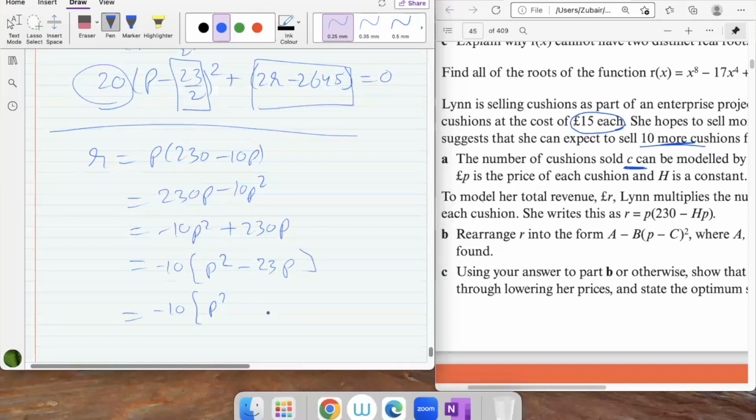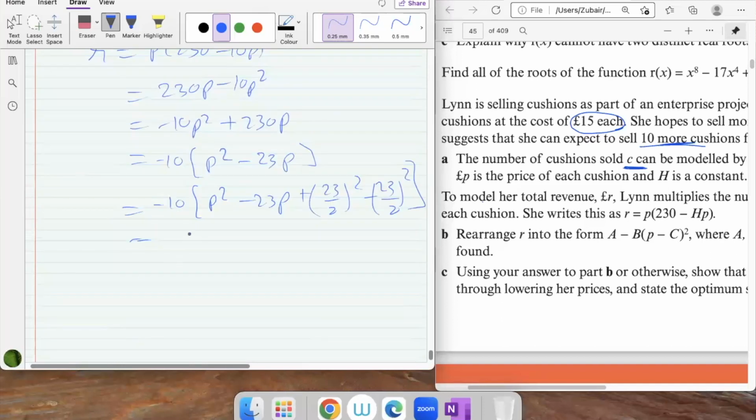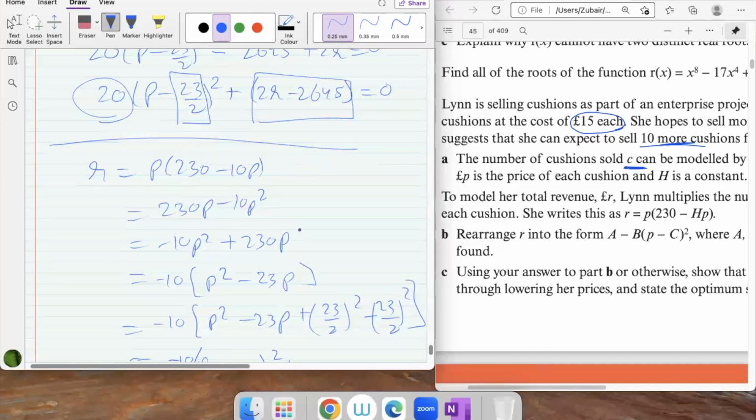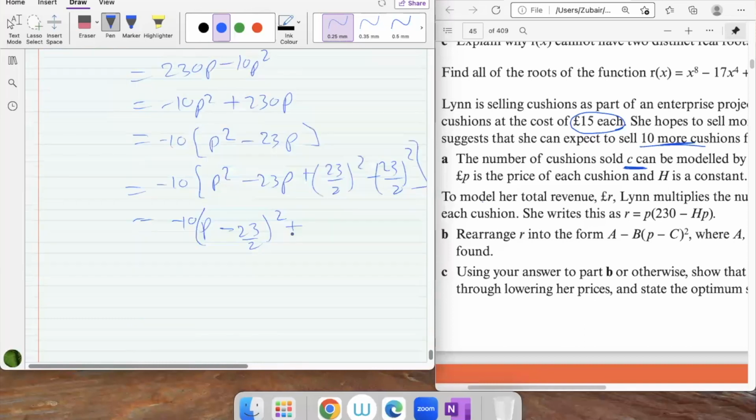Minus 10(P squared minus 23P plus 23 by 2 squared minus 23 by 2 squared) is equal to negative 10 times (P minus 23 by 2) whole squared plus 529 by 4, and then bringing in 10, it is minus 10(P minus 23 by 2) whole squared plus 5.